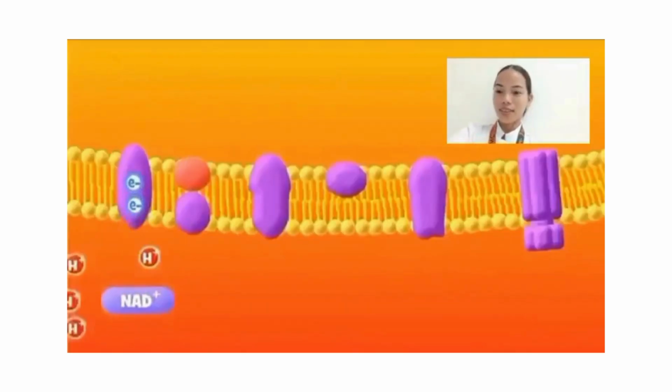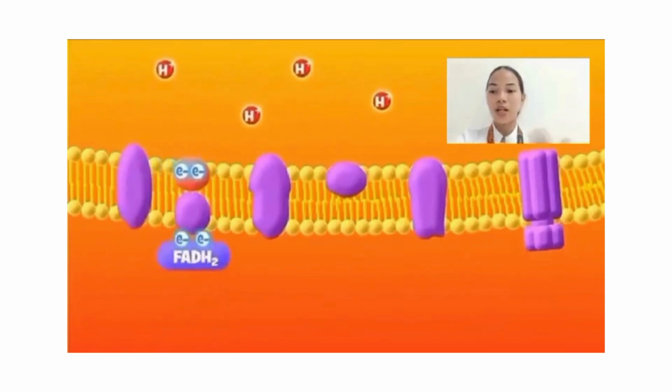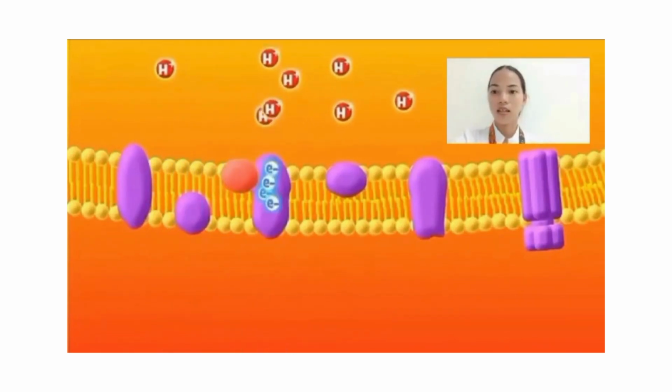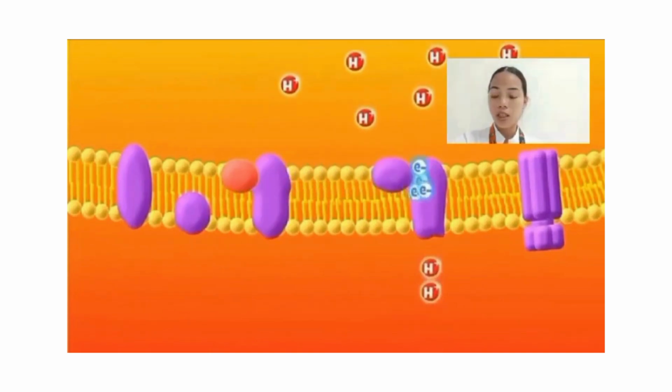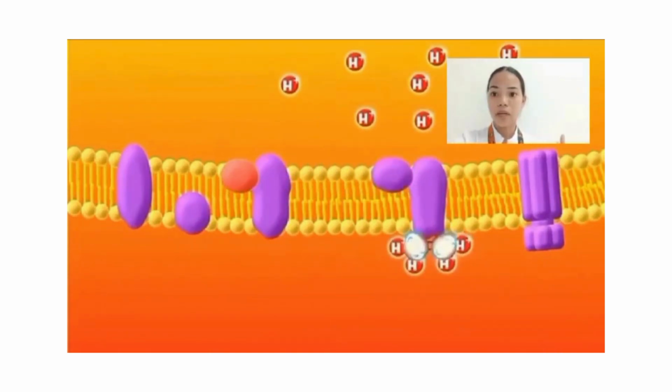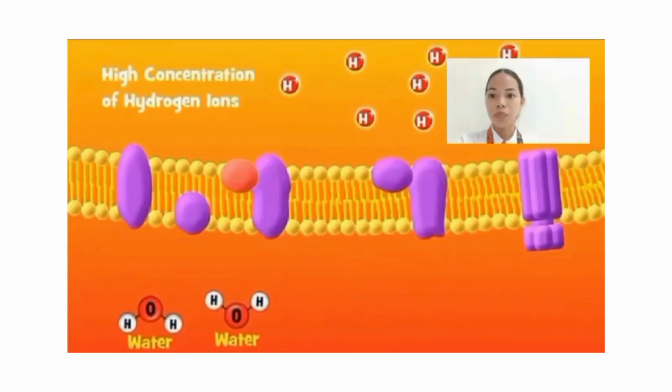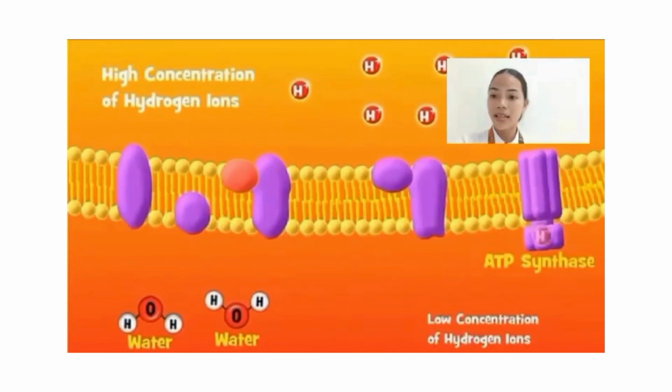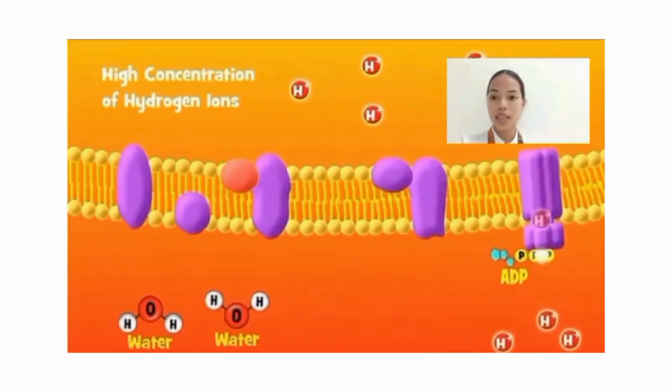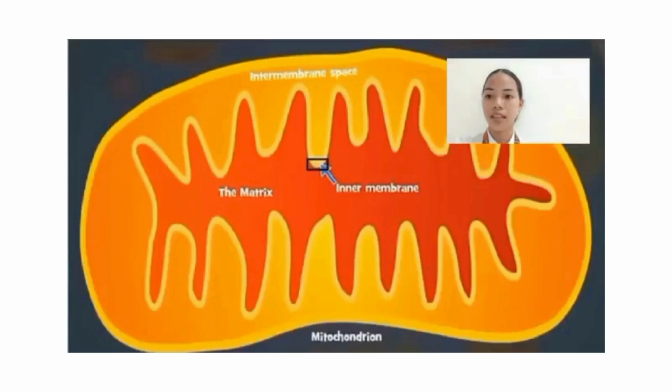Hydrogen ions naturally move from the area of high concentration in the intermembrane space to the lower concentration in the mitochondrial matrix. However, they can only pass through ATP synthase. This facilitated diffusion drives ATP synthase to spin like a turbine, producing ATP.